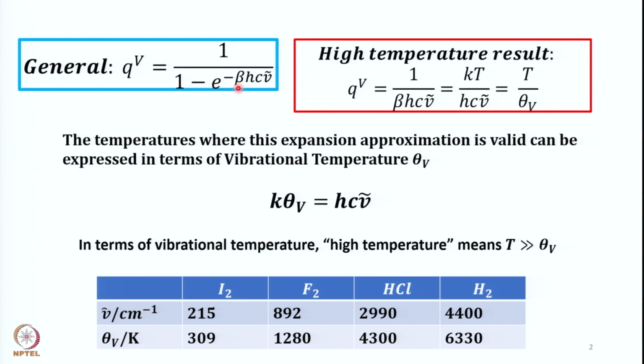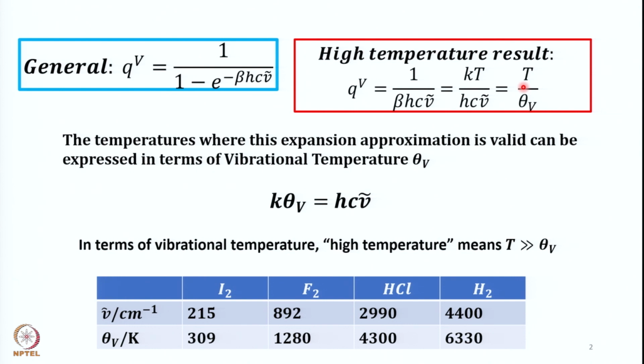And then we further discussed that if the temperature is low, you can use this general result, and if the temperature is high, then this result can be used, where the vibrational partition function could be expressed in terms of temperature, that is T, the experimental temperature or the temperature of interest, and theta_V, the characteristic vibrational temperature. Then we also discussed the significance of this characteristic vibrational temperature.